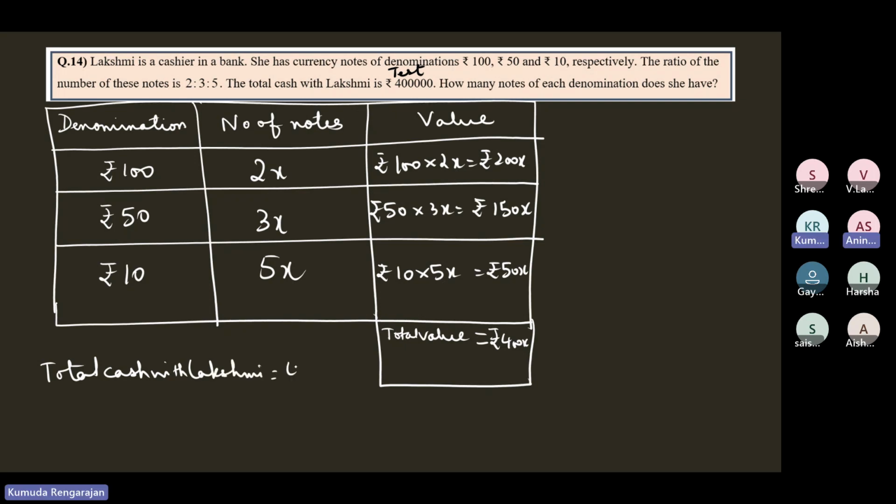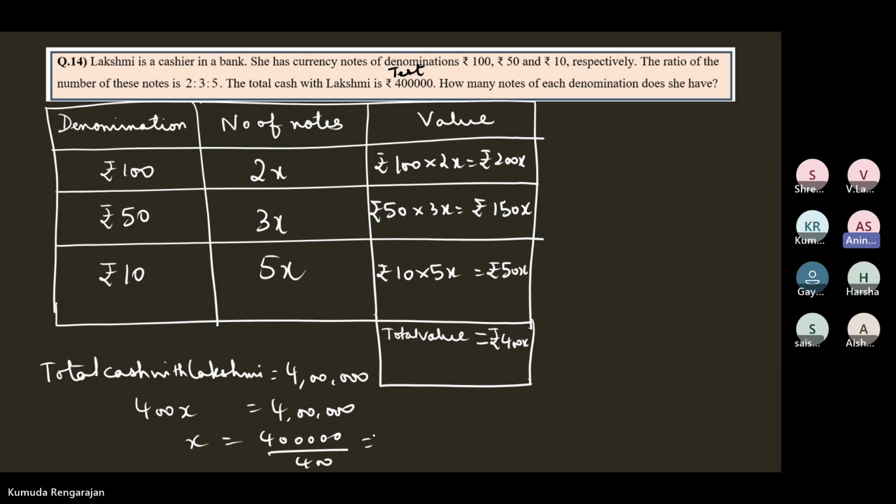So that means 400x is equal to 4 lakhs. So x is 4 lakhs upon 400. Very good. You cancel the 2 zeros. 4 ones are 4, 4 thousands are 4000. So x is equal to 1000.